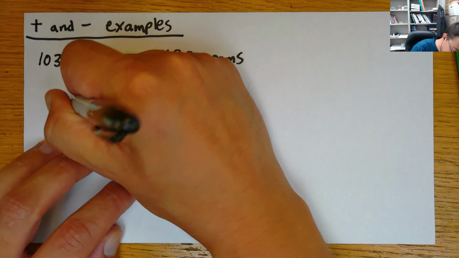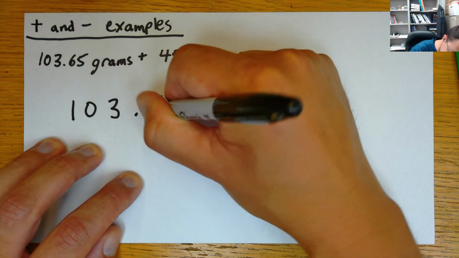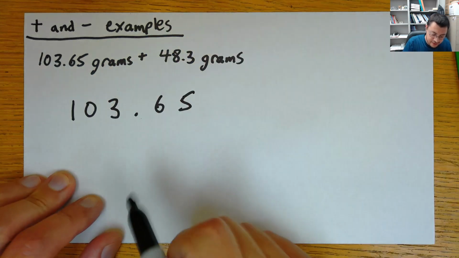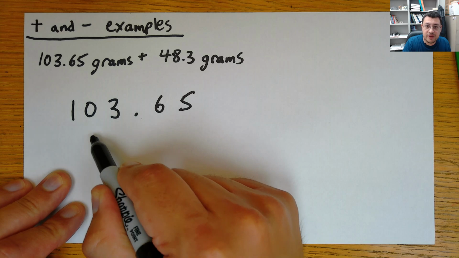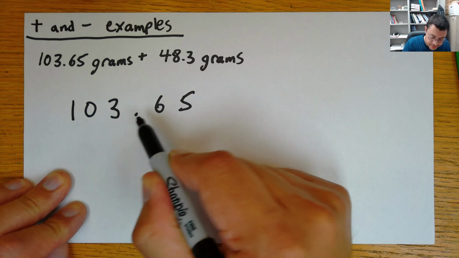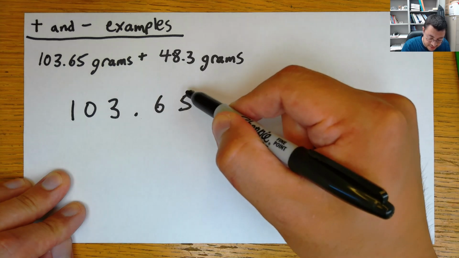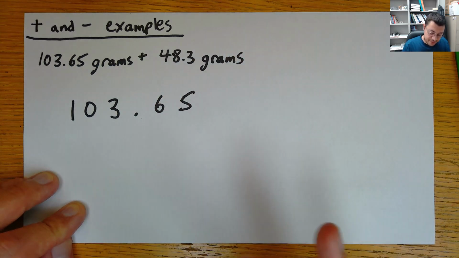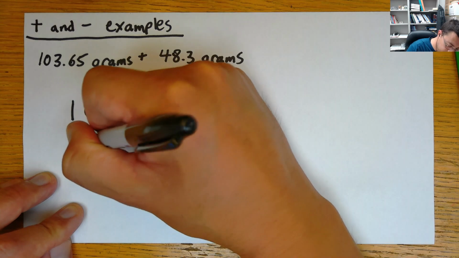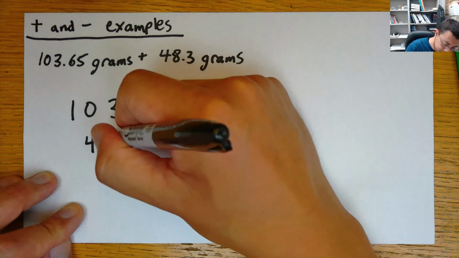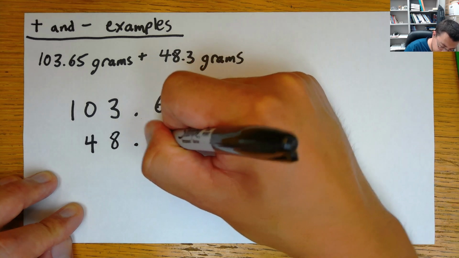All right, so I go 1, and I give about equal spacing for my hundreds place, my tens place, ones place, decimal point, my tenths place, my hundredths place, so on and so forth. And I'm going to stick with that same lining for the 48.3. I'm going to stick my 4 under the 0, and my 8, decimal point, and then the 3.